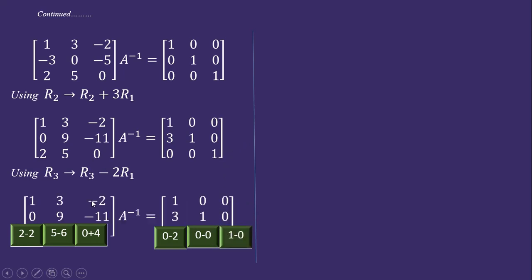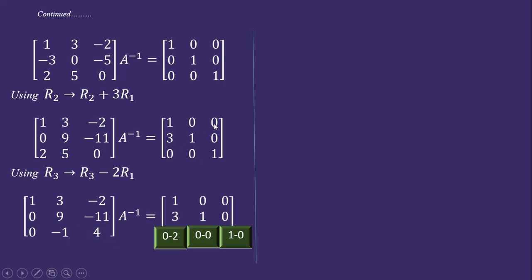Okay, now we write first row and second row as it is, 1 3 minus 2, 1 3 minus 2. Second row as it is, 0 9 minus 11. Now this 2 minus 2, 0; 5 minus 6, minus 1; 0 plus 4, 4.